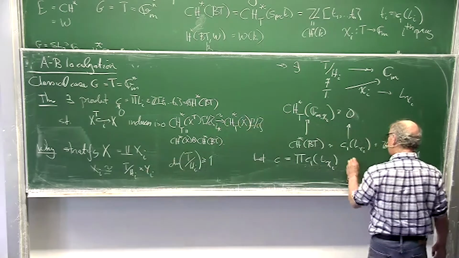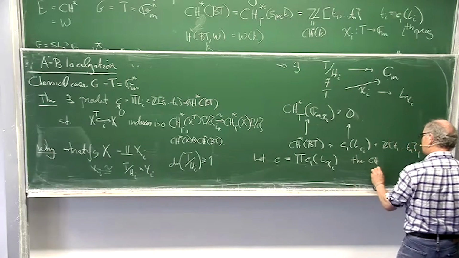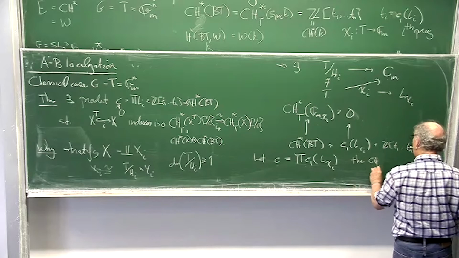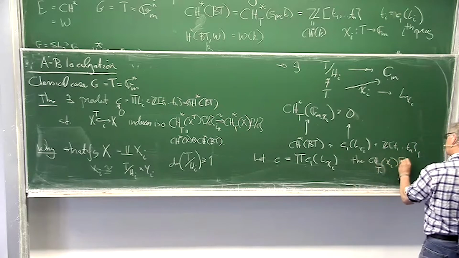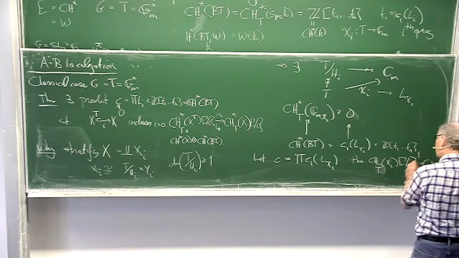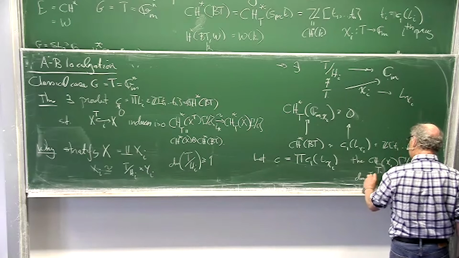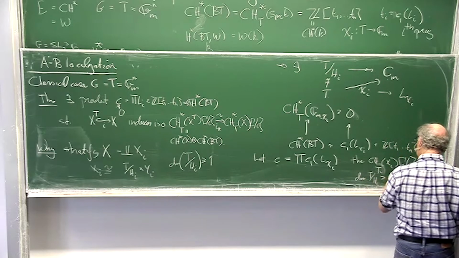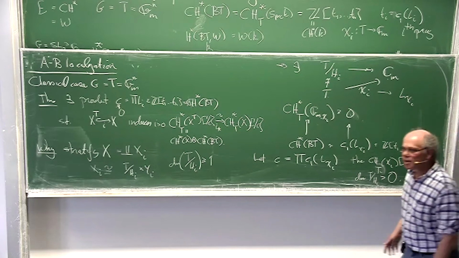You invert this, then the equivariant Chow groups of these Xi's are 0 as long as the dimension of Hi is smaller than T. So by inverting c, you kill all the factors corresponding to non-trivial orbits, and all that's left are the fixed points. That's the idea of the proof.